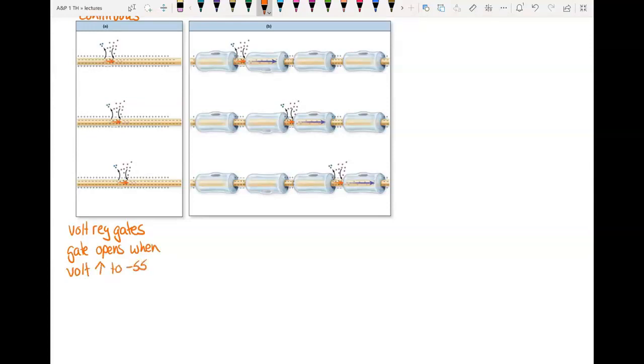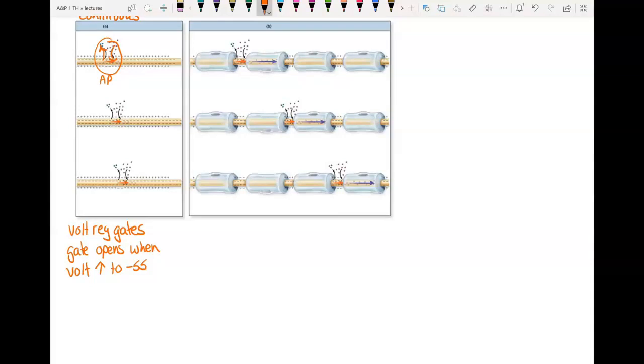In continuous conduction, you move down the entire axon, raising the voltage bit by bit. So right here, you can see the sodium going in, the potassium going out. We're having an action potential.